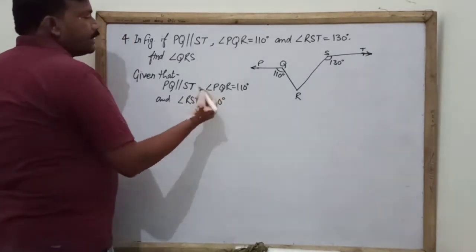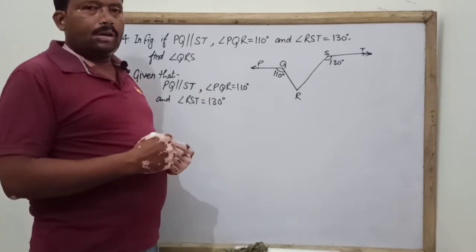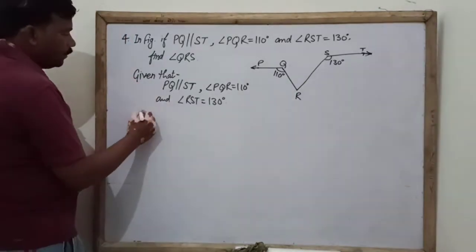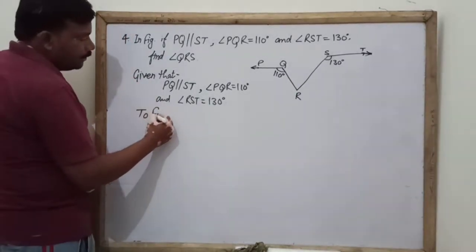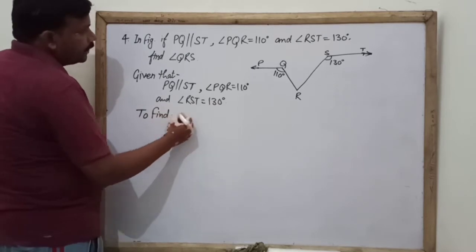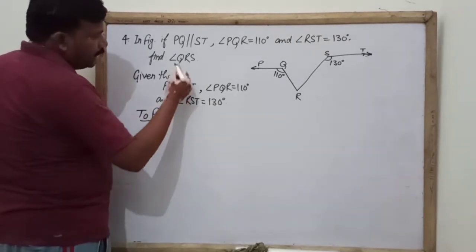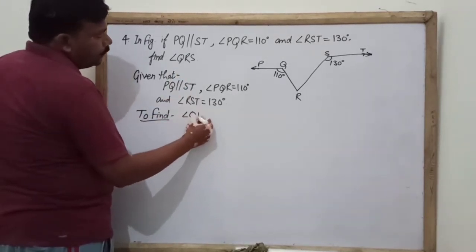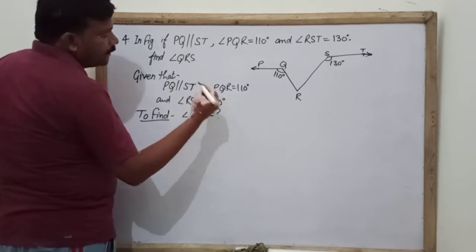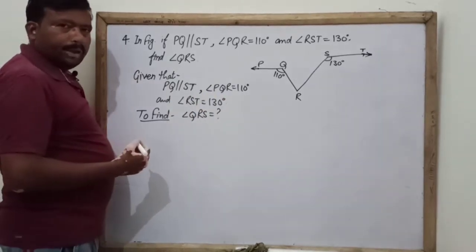These informations are given. So now to find, what is to find? Value of, means measurement of angle QRS. This angle is to be found.